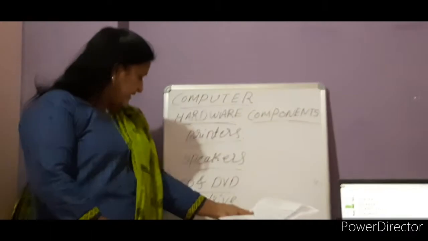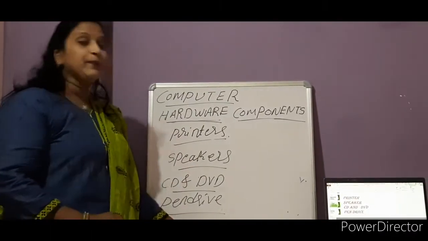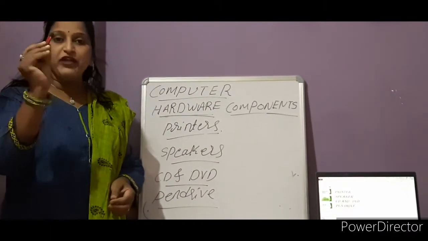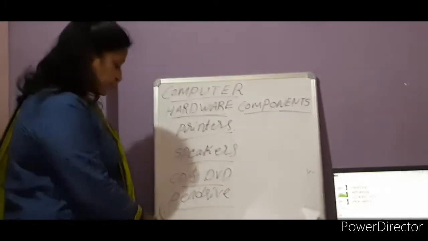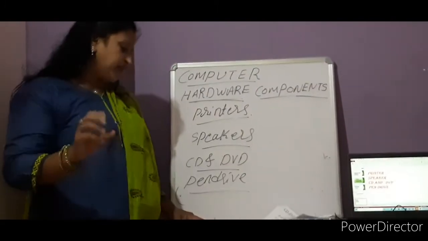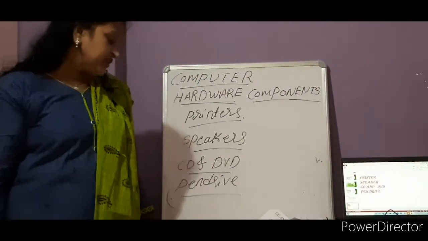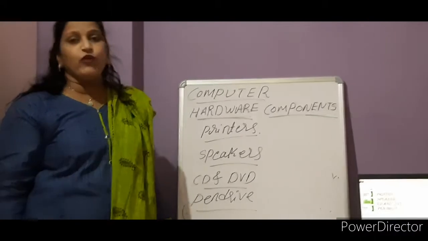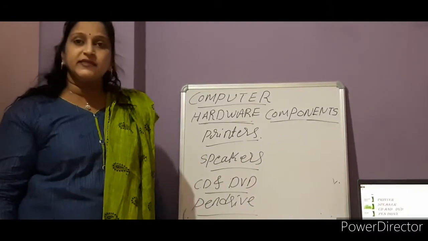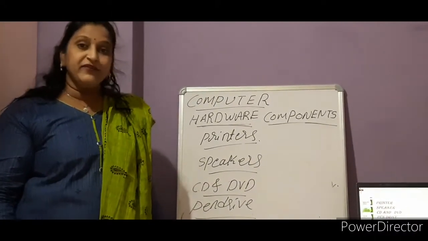In that way, the pen drive. You can see the pen drive here. It is a very small device. The pen drive is a small device which stores more information than a CD. A CD is less, but the pen drive is more.